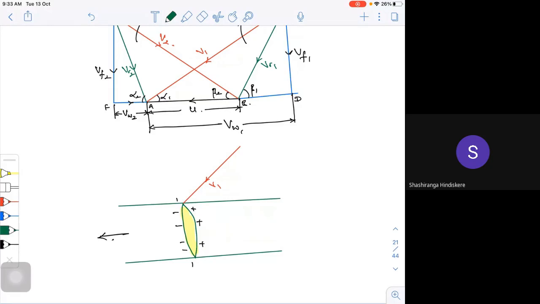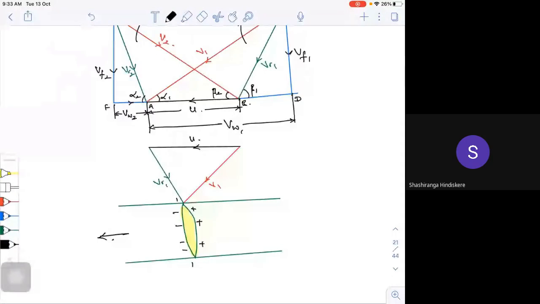This is my relative velocity, and I'll be having the U like this. This is my velocity triangle.